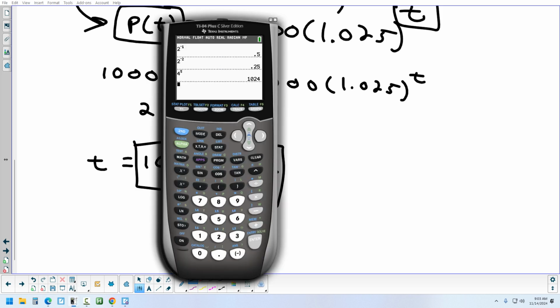Can someone remind me, what's one base we know the calculator can do? Yeah, base 10. And which button do you press to do base 10? Log. So that's your base 10. And what's the other base the calculator can do, just pressing a single button? Yep, E. And what button do you press to do base E?